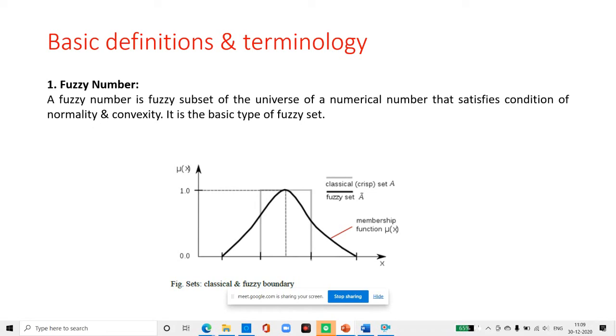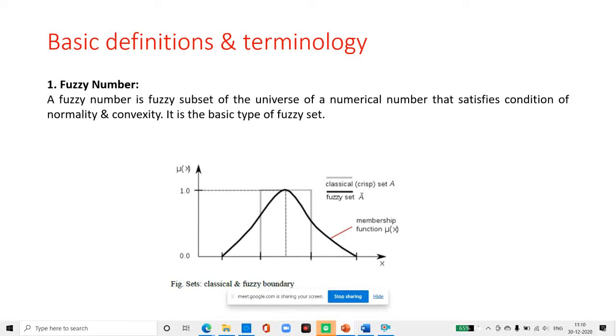If I ask a precise question, probably you will give me your height as 5 feet 8 inches. But normally when I see people, I would say this person is tall according to my own estimate.